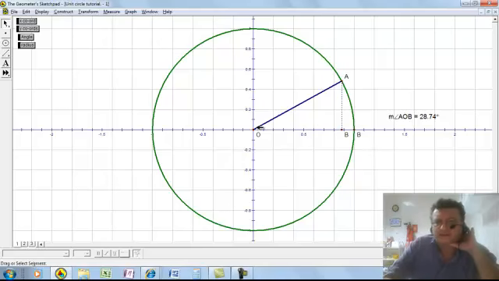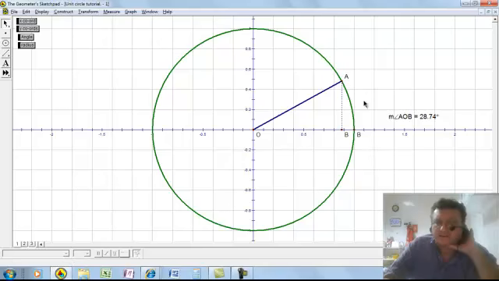The adjacent side of this right angled triangle is actually equal to the x coordinate of this point up here. It's this point down here, isn't it? So that distance is equal to the x coordinate of this point A up here. So the adjacent is the x coordinate of A.